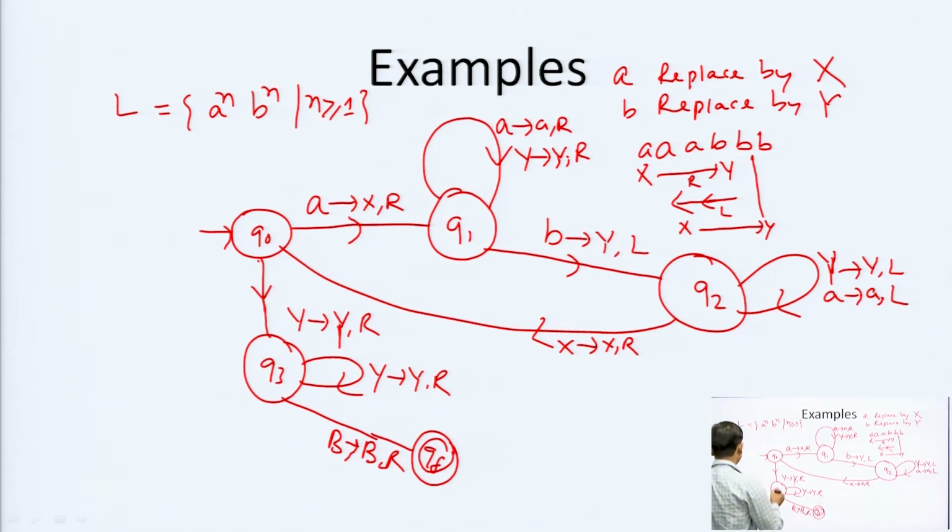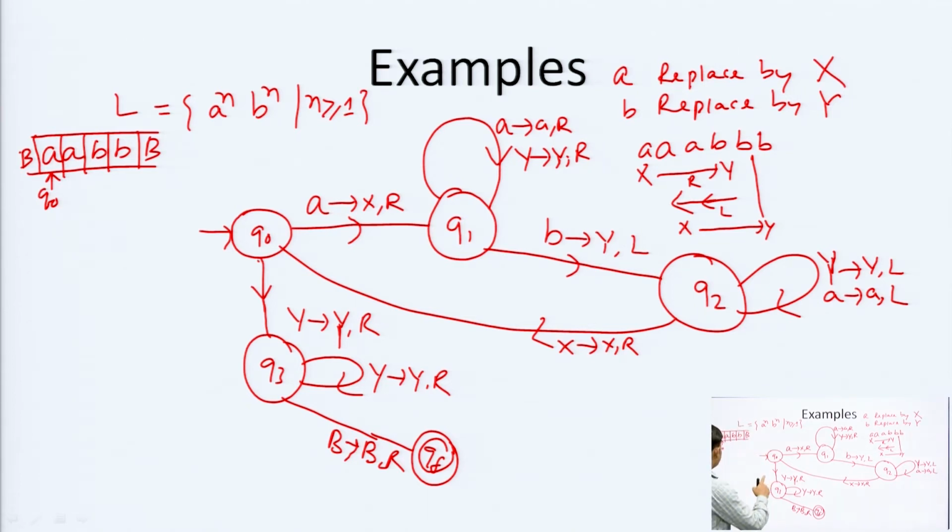So, take a string, suppose we take a string here, 2A 2B, and this is a tape. Now, you check it, this is the tape with 2A 2B we have taken, both sides are blank. So, now Q0 points to A. So, what will happen?